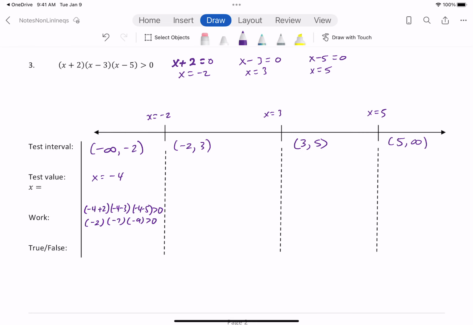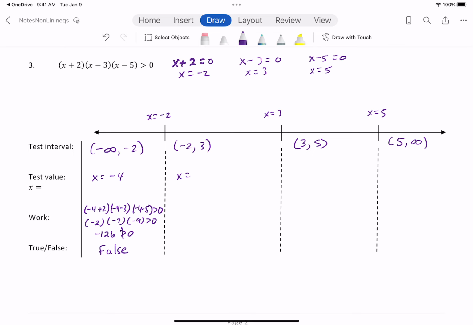And at this point, I used the calculator and did -2 times -7 times -9. And hopefully I got the right number. -126 bigger than 0. That negative number is not bigger than 0. So I get false. So that means we're not going to shade in that region. Those are not solutions.